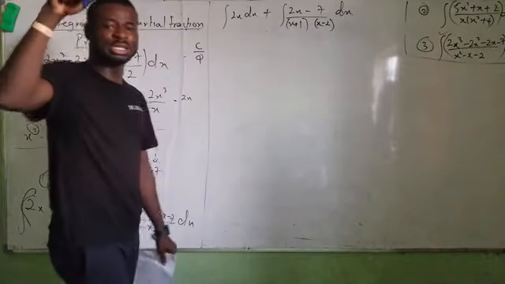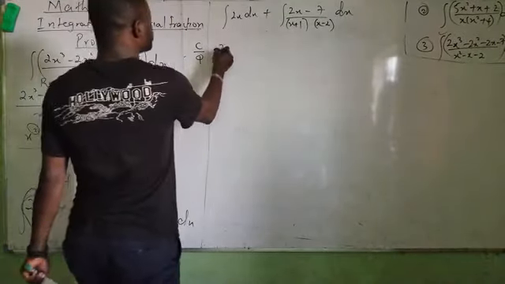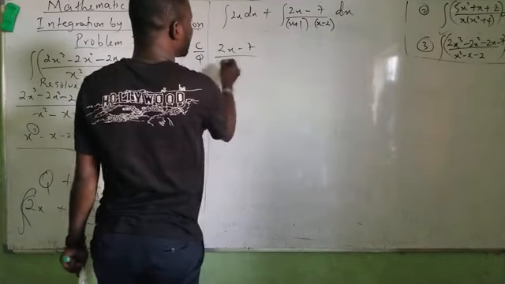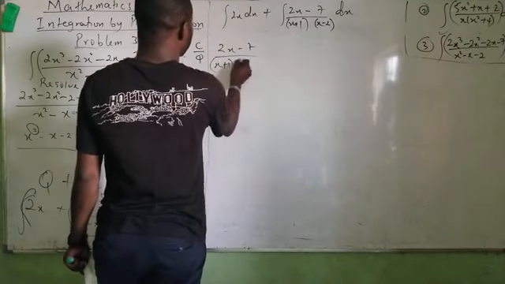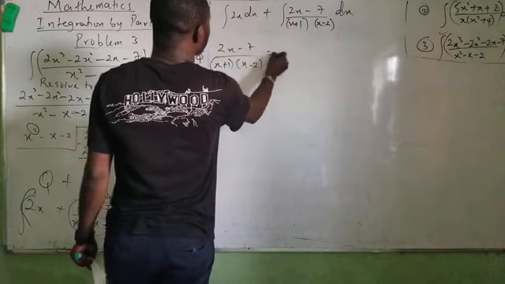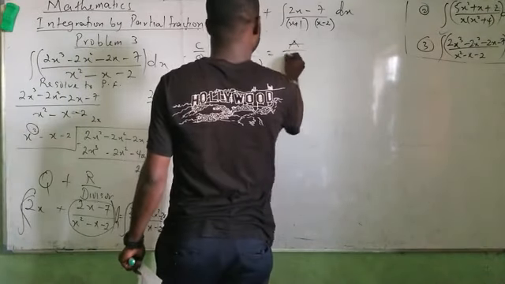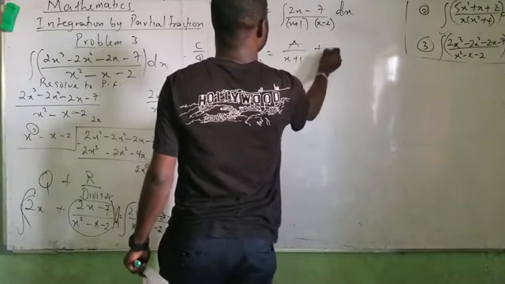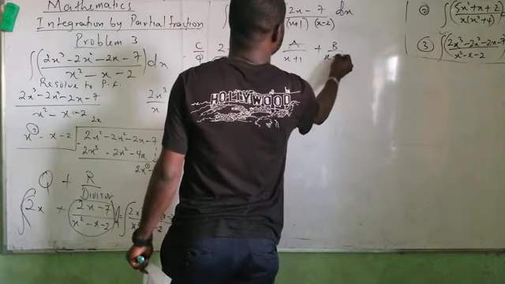Now, I need to pick this up and resolve it to partial fractions. (2x − 7) divided by (x + 1)(x − 2) implies A over (x + 1) plus B over (x − 2).